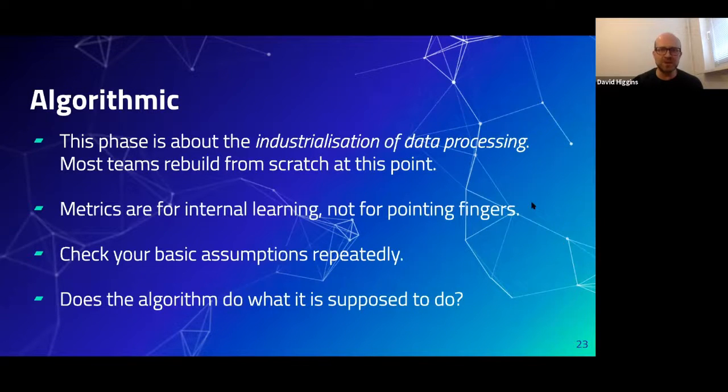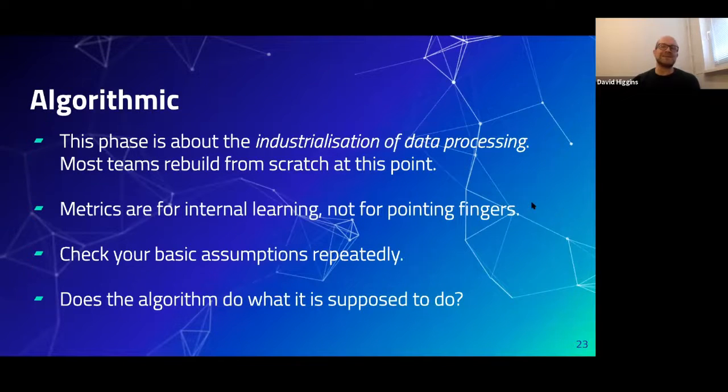But in the industrial world, it's a real heavy-duty industrial process. Most teams tend to rewrite their code at this point. Whatever you've done in form informs what you do in build, but often you throw out most of it and have pretty senior software developers come in and rewrite it.